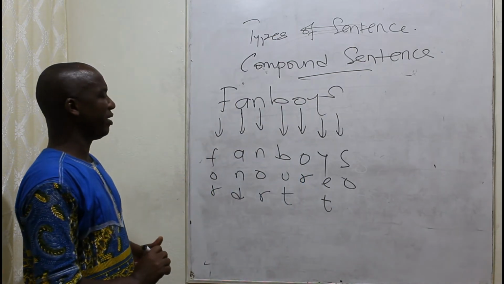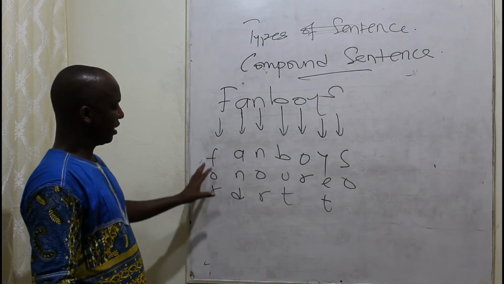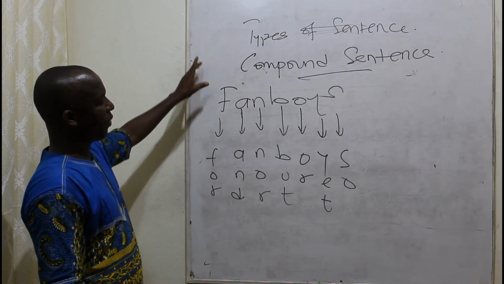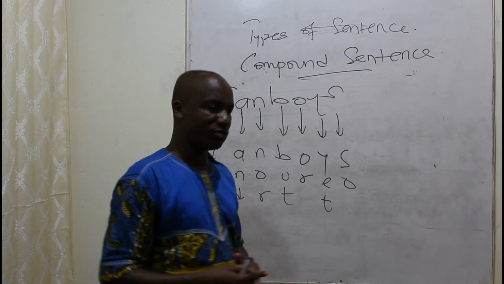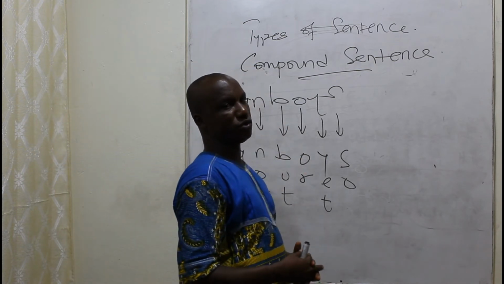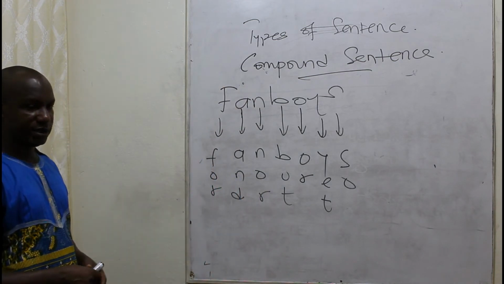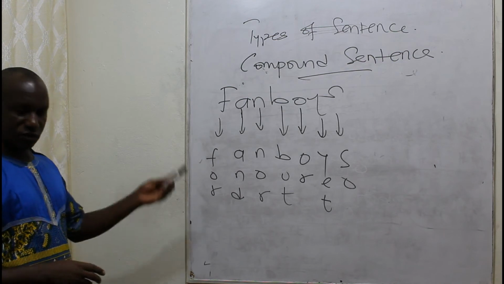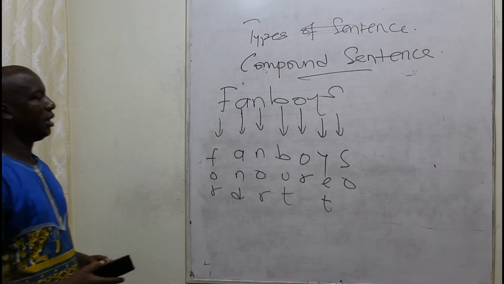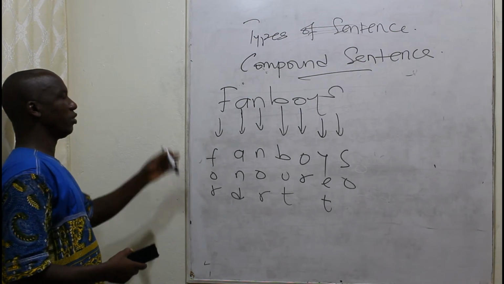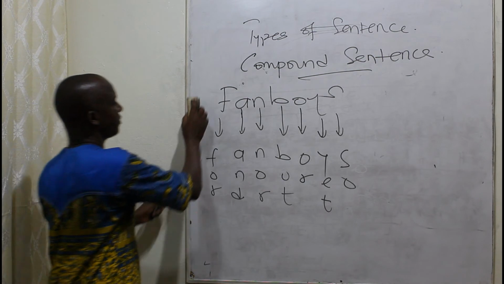So you get your acronym FANBOYS. If you want to put two clauses of equal ideas together, this is what you choose. So you always have to keep it at the back of the mind. So that is what we mean by a compound sentence.